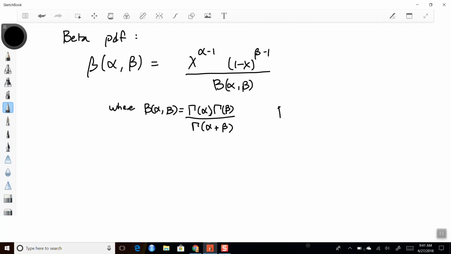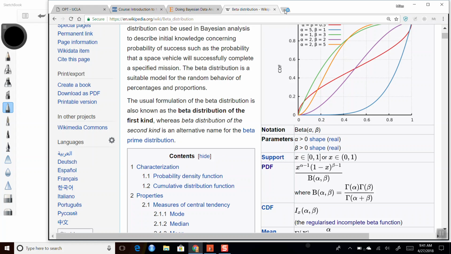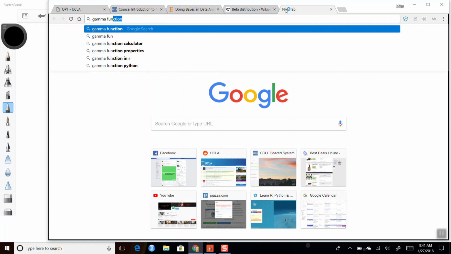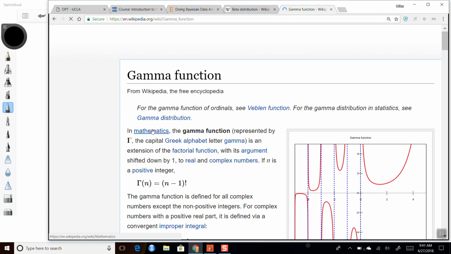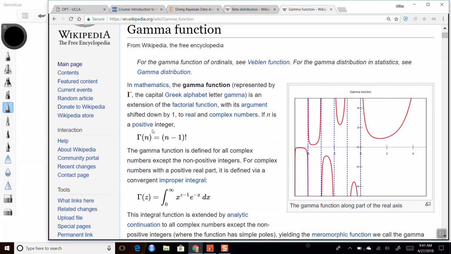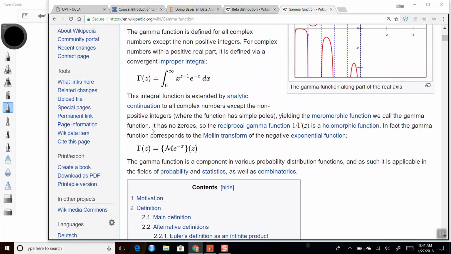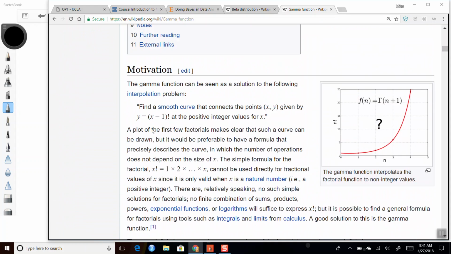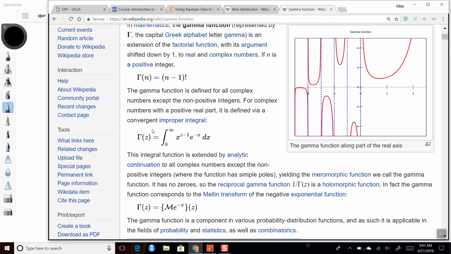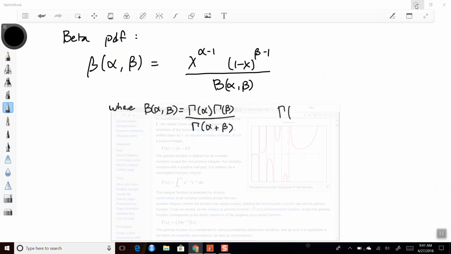And then you go, well, what is the gamma function? Let's look up the gamma function. Because the gamma function is pretty much the factorial function, but how do we define it? It's the integral from 0 to infinity of x to the z minus 1 times e to the negative x dx. Okay, that's how we define the gamma function.